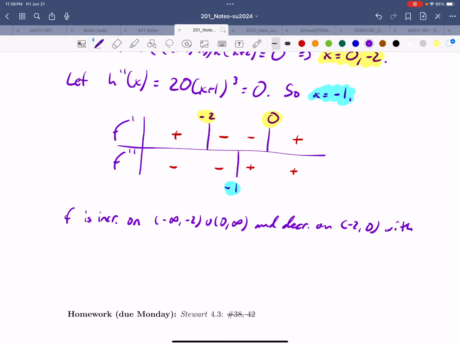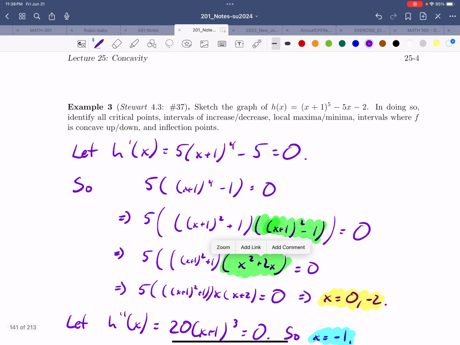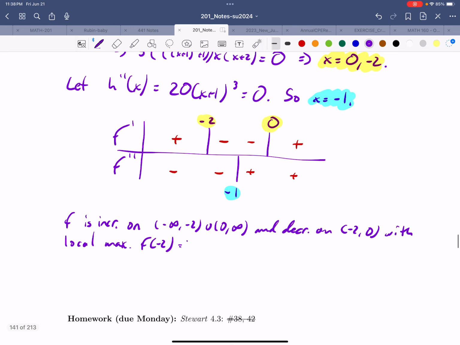With local maximum, that's going to be f of negative 2. And then it goes, I think it's at negative 7, is it? Right, negative 2, yes. Oh, no, it's 7, positive 7. And local min, f of 0. Does everyone see why we have a local max and a local min?